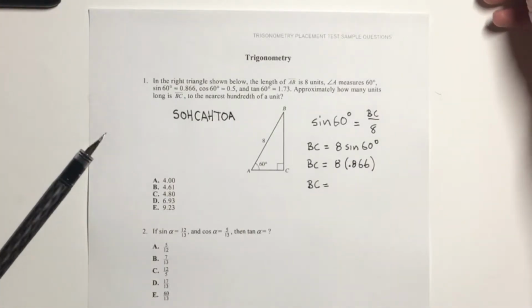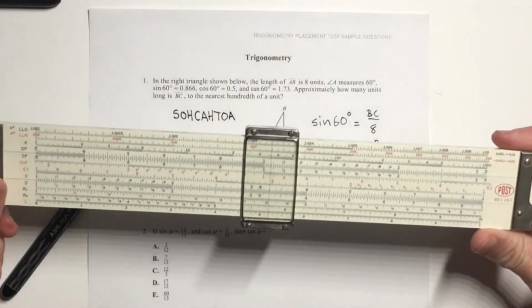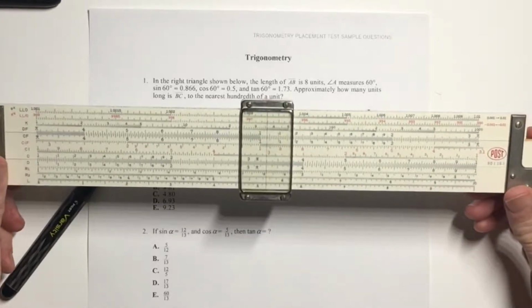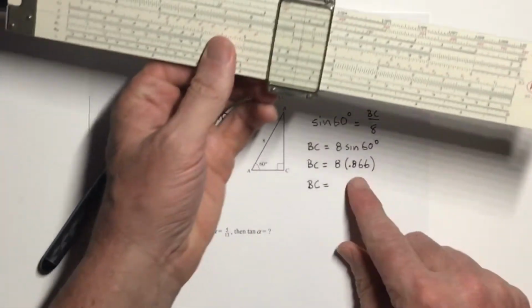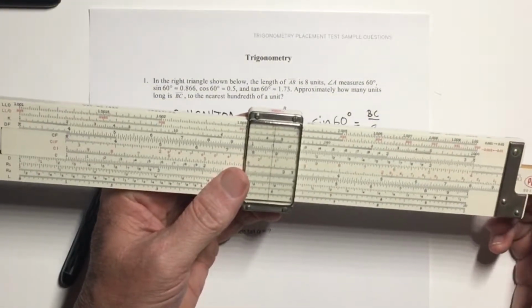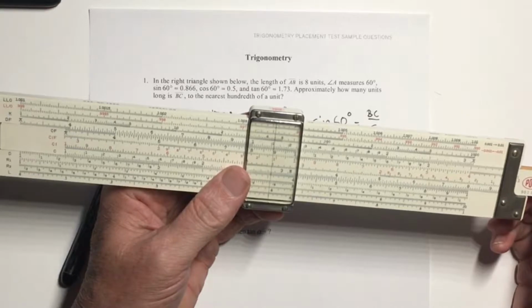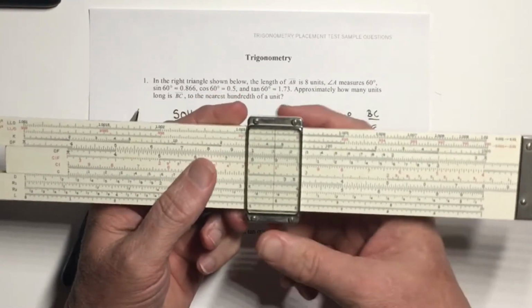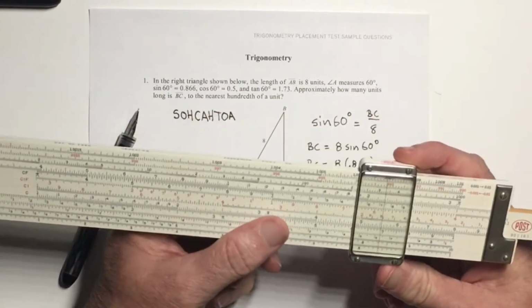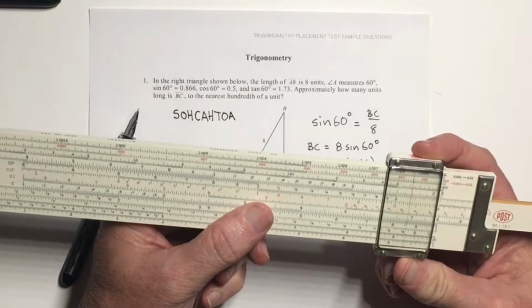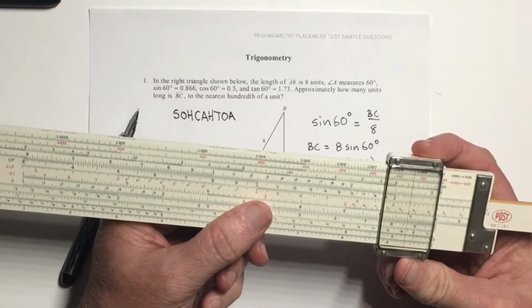For that, I'm going to use my Post 901-163 model slide rule. 8 times 0.866. So I'll line the index up here with 8. There we go. Right there. Then I will move my crosshair to 8.65, a little bit 4 to 6.